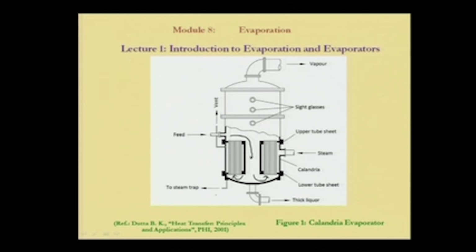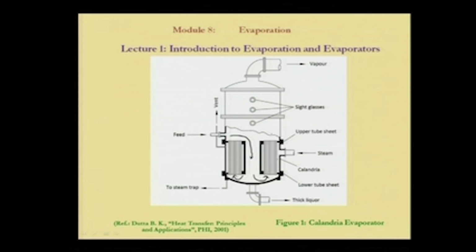This portion is the calandria, and this is the thick liquor going out, and this is the feed coming in. These are smaller tubes, and this is the vapor region, the vapor is coming like this.